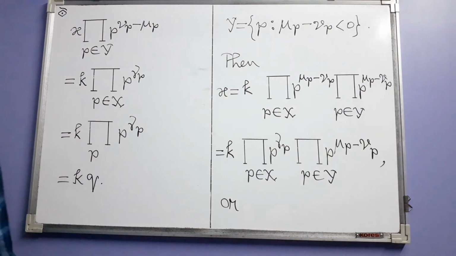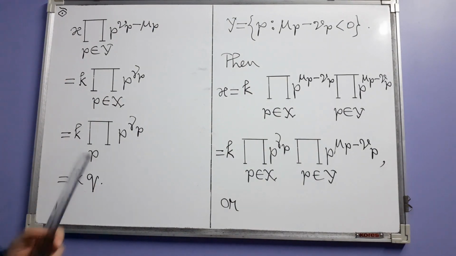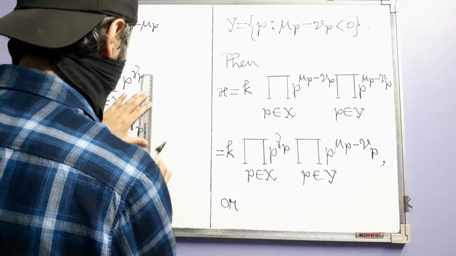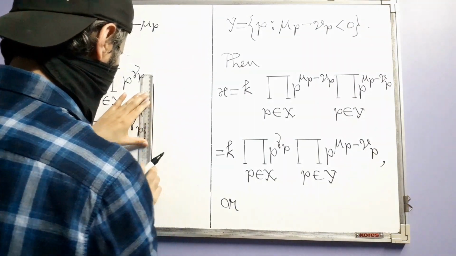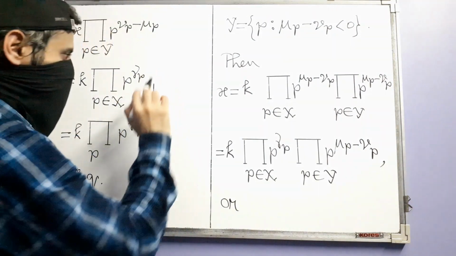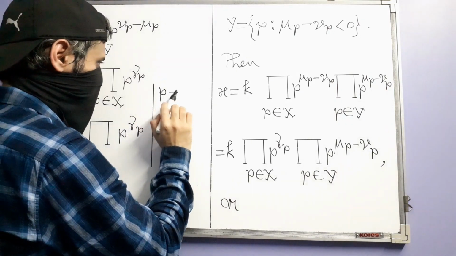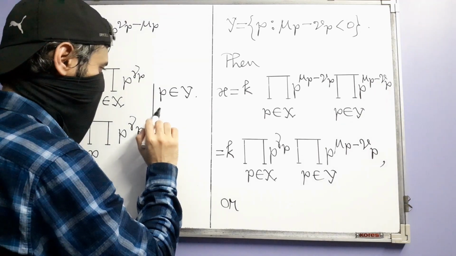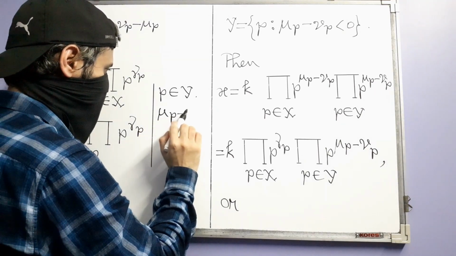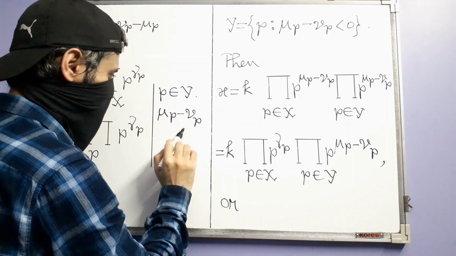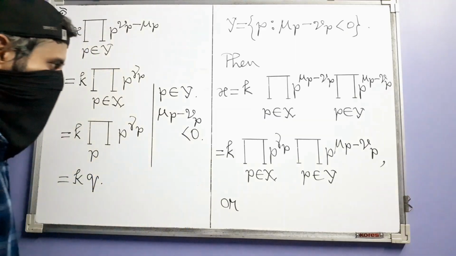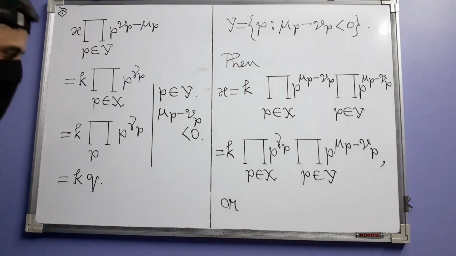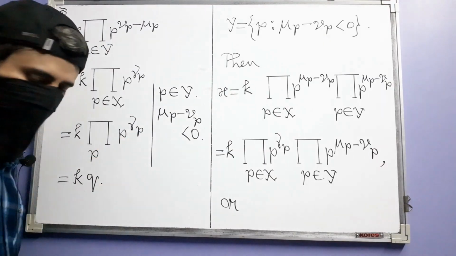Say, as rough work here: if you have p belonging to Y, then mu p minus nu p is less than 0. So what is the definition of gamma p?